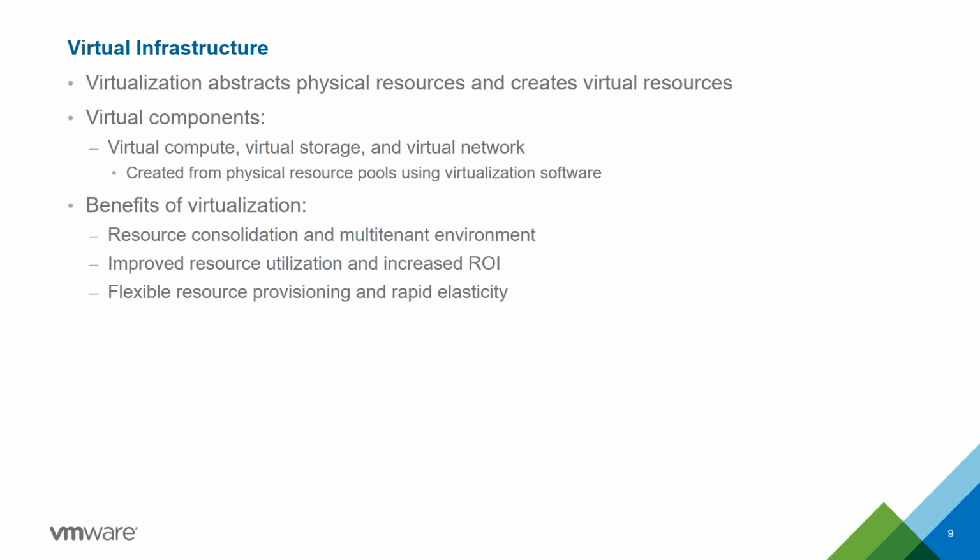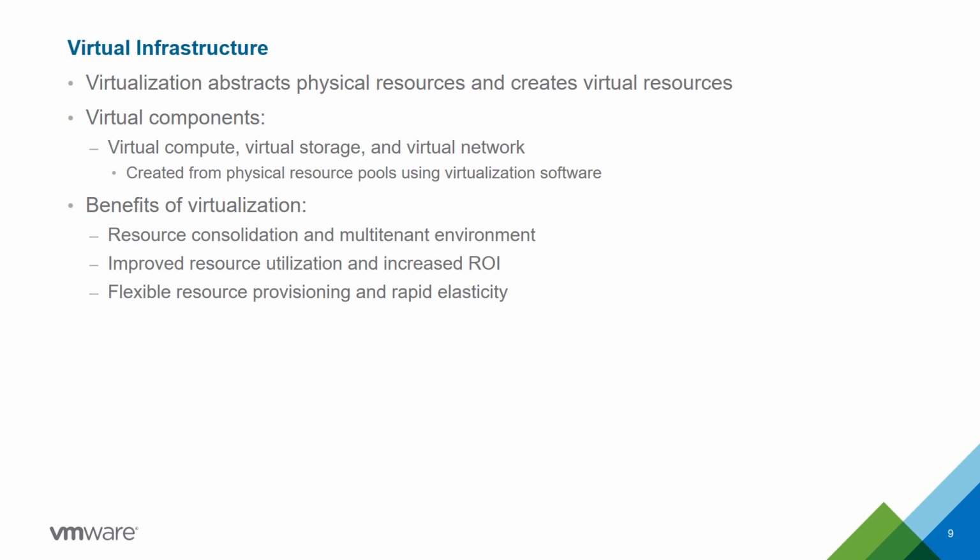So to give you an idea, for compute virtualization from VMware, we have a software called vSphere. So we use that to virtualize compute systems. For network, we have NSX, and for storage, we have VMware vSAN.